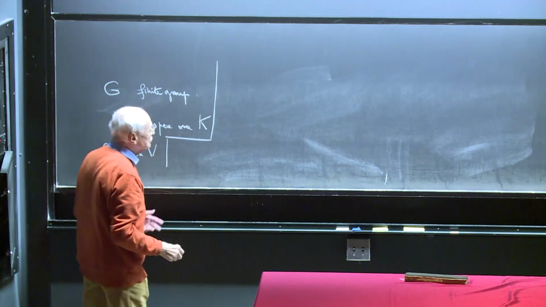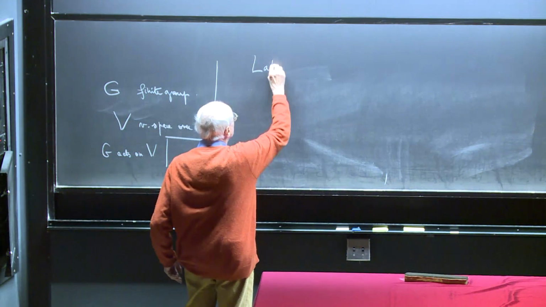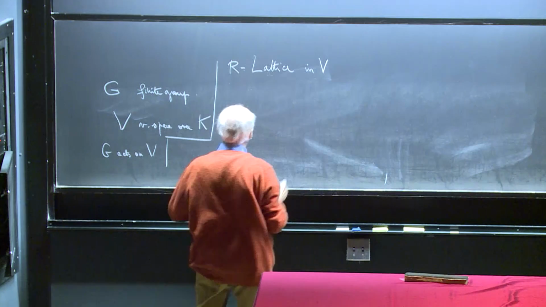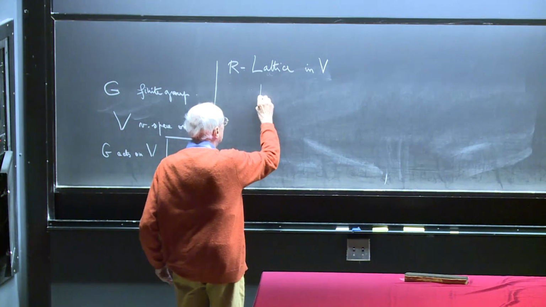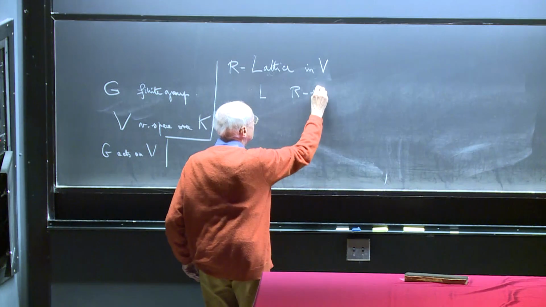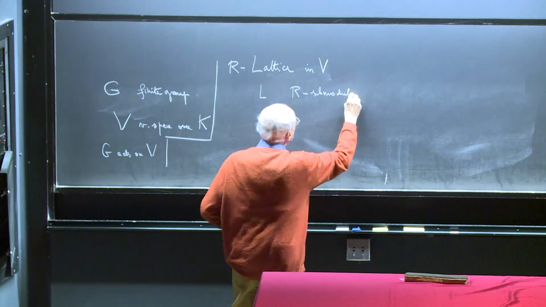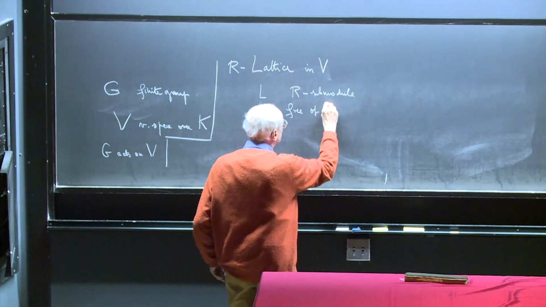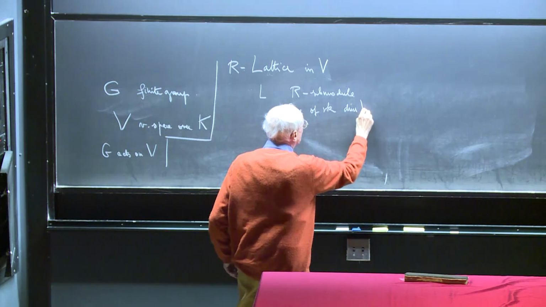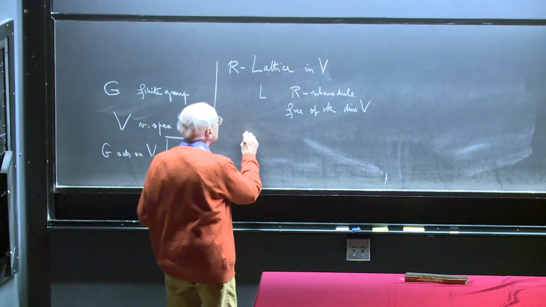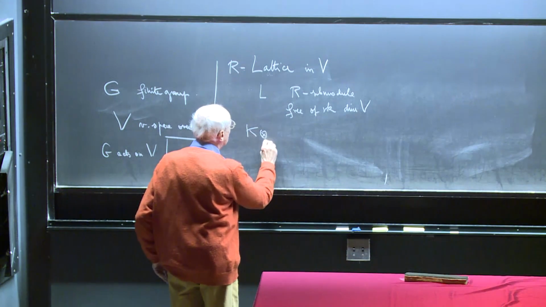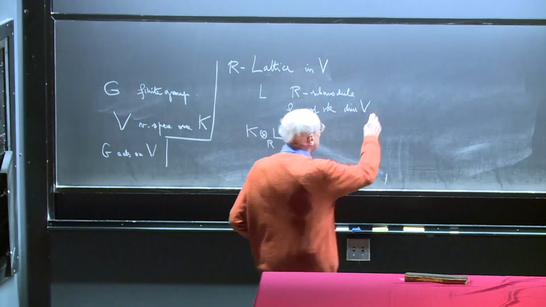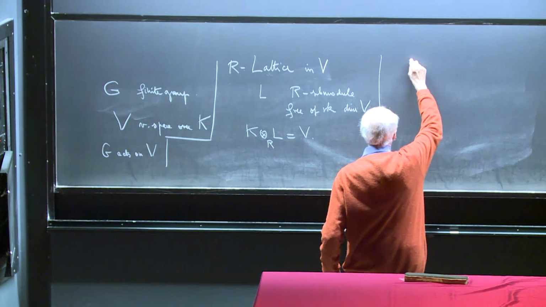Now, we need the notion of a lattice. An R lattice in V. And that's also something very standard. A lattice L is an R submodule. One way to say it is that it is free over R of rank the dimension of V. But of course, that also means that K tensor over R of L is V. And when we have a lattice, the interest of having it is that then we can divide it.